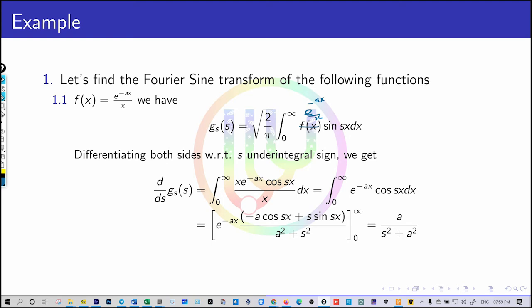When we differentiate with respect to s, this is just a constant. Differentiating sine sx gives cos sx into x, and that x cancels with this x. So what remains is the integral of e raised to minus ax cos sx dx.